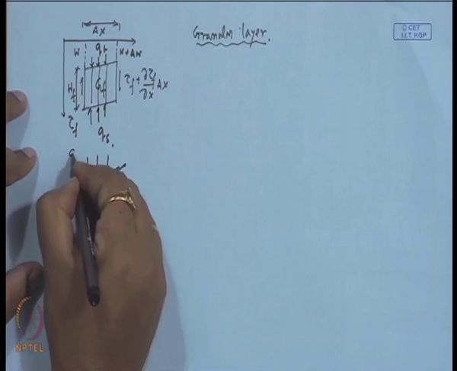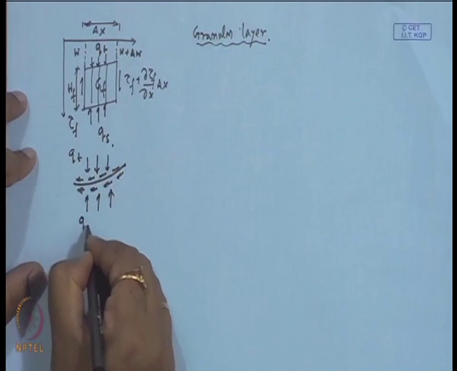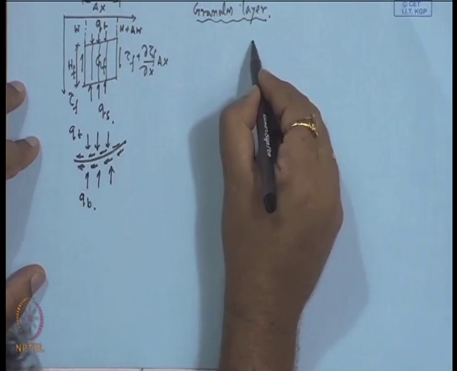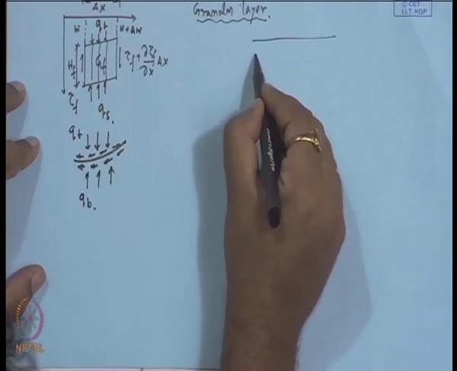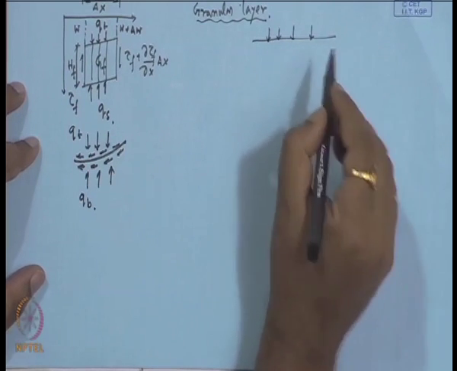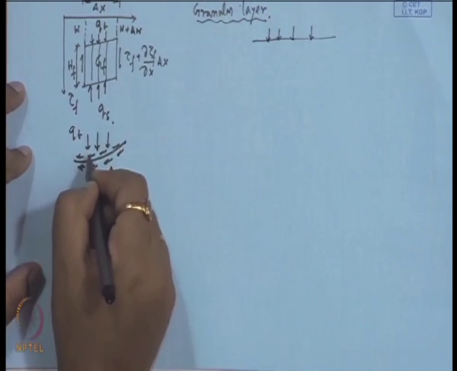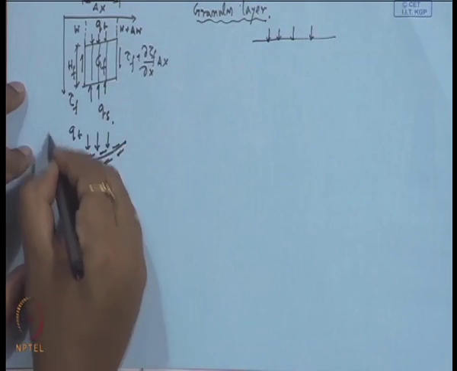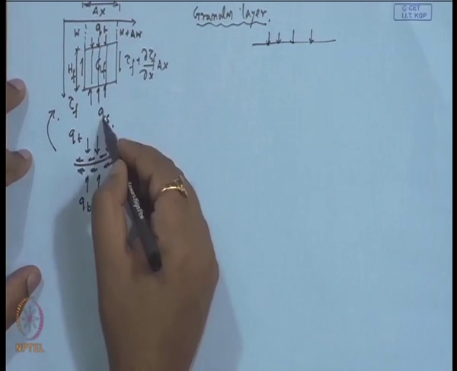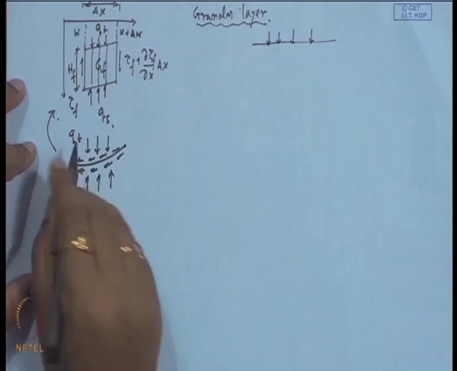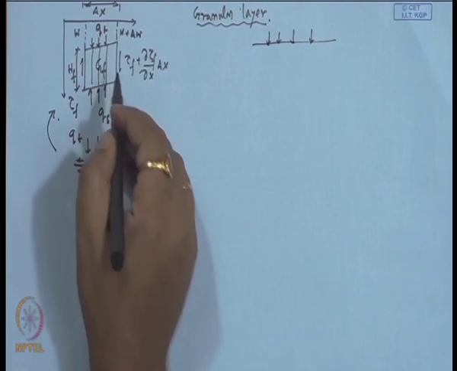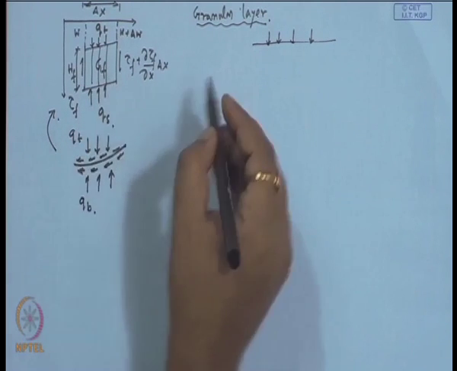So, then this will be q t and this will be q b, and if we place the reinforcement layer on the top or at the interface between the granular layer and the embankment, then this will come first and this expression later, but in place of q t you have to use q b. This is q s.